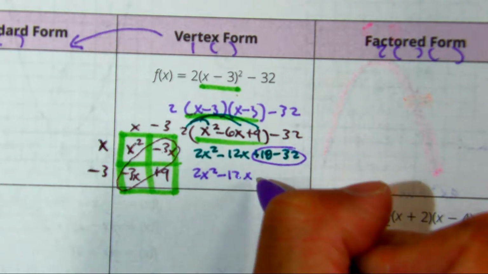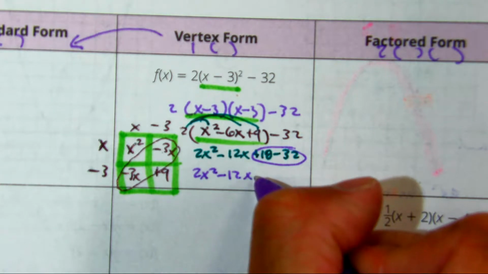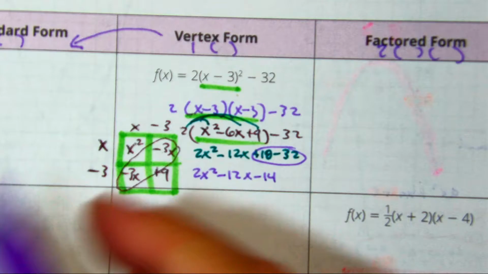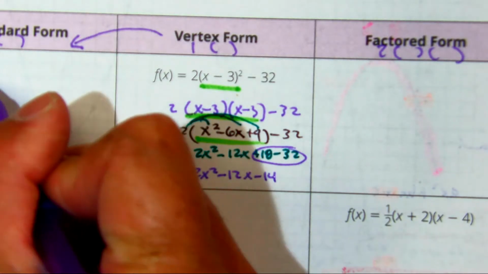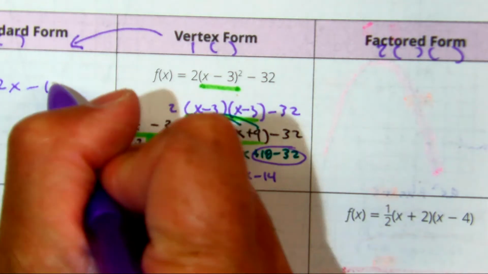Negative 14? Is that correct? All right, so my answer for standard form is 2x squared minus 12x minus 14.